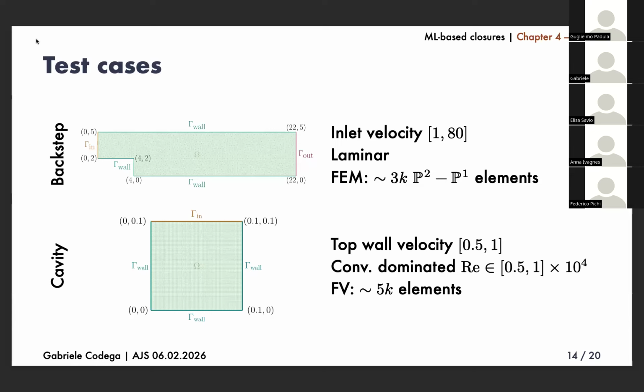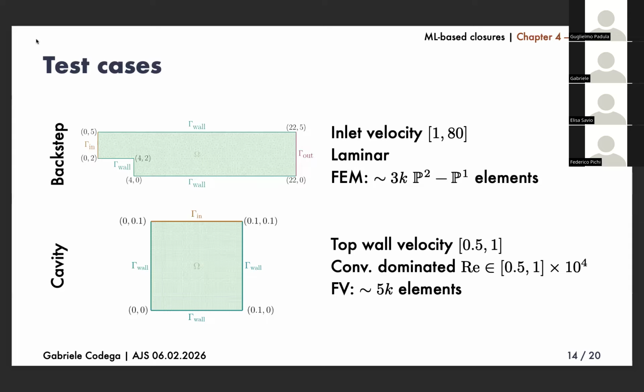Now, this is a 2D simulation, so it's not really turbulence, but the flow in this case will be convection dominated. So we expect POD to struggle way more in this case. And the full order model in this case is just a finite volume discretization. It's basically an OpenFOAM tutorial with 5,000 elements.